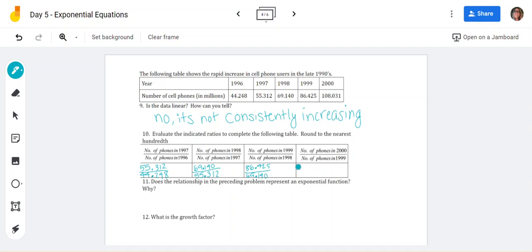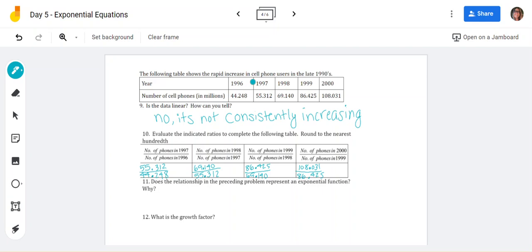And then finally 2000 to 99. So if we divide all these, let's see what they give us.